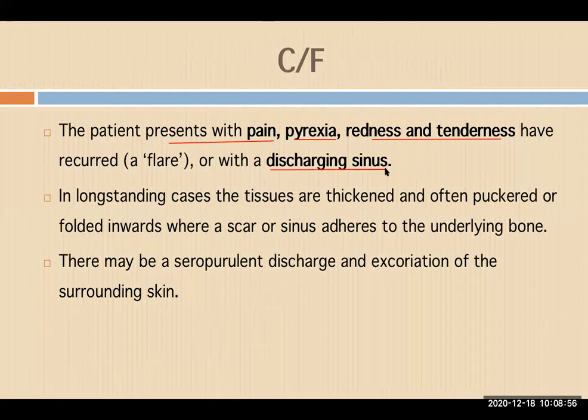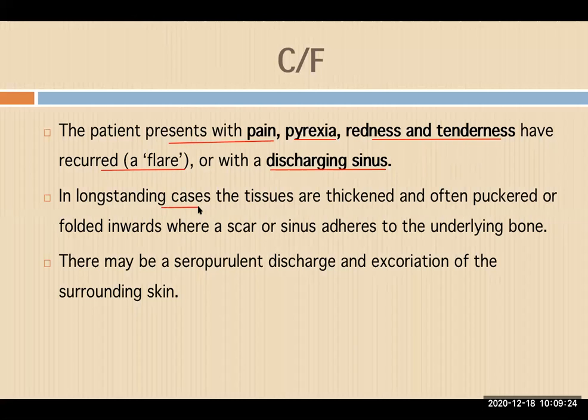These are important points. The redness, tenderness and excessive pain occur when the infection flares up. Sometimes the acute infection may occur on a setting of chronic infection. This is known as acute on chronic osteomyelitis. During that time, all the clinical symptoms and signs will be excessive.